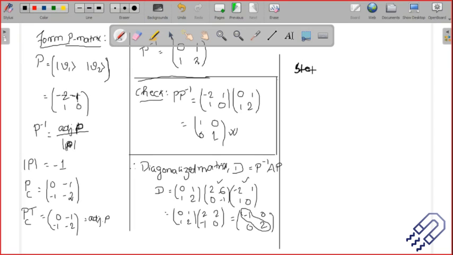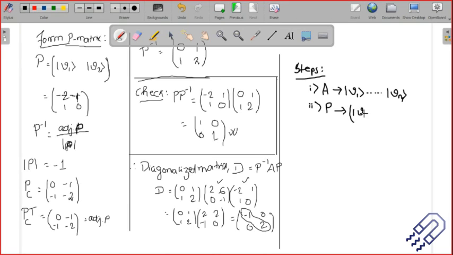Steps to diagonalize. Number 1, take the matrix and find out the eigenvectors. Yeah, eigenvector, sorry, that's the first step. The second step, we have to form the P matrix. You have to write it down in this way.